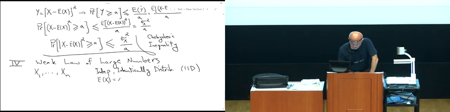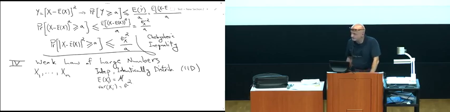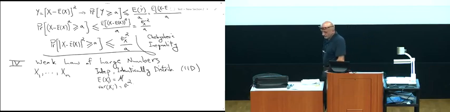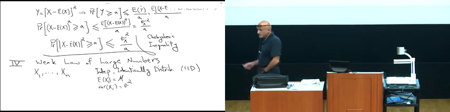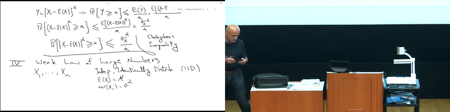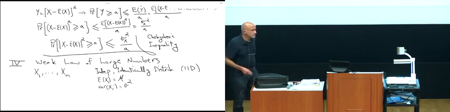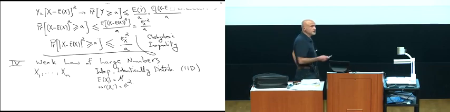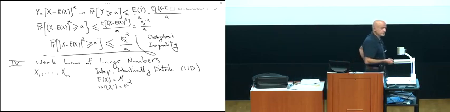They all have the same mean mu, and they all have the same variance, sigma squared. Okay? In the case of a poll, you can think of each of these Xi's as a Bernoulli random variable.